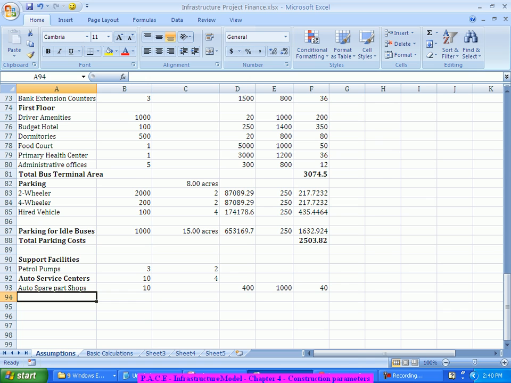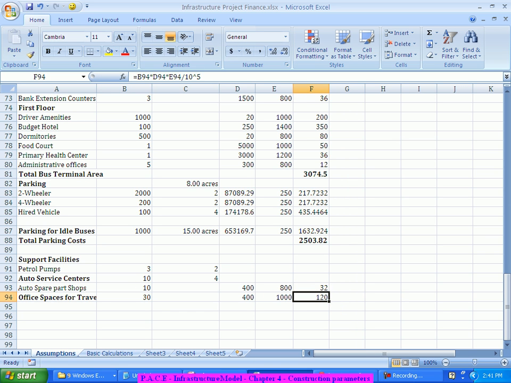And 30 office spaces for travel operators, 400 SFT each at 1000 per SFT.